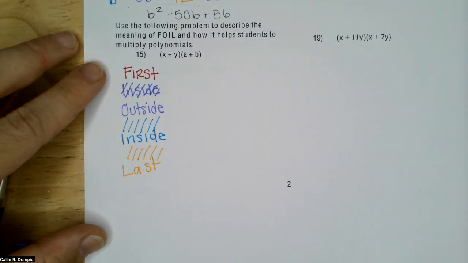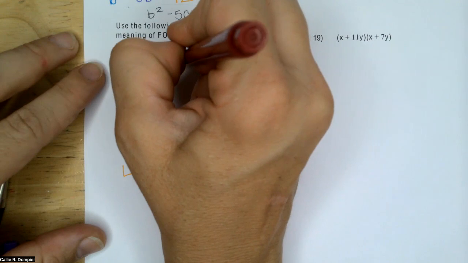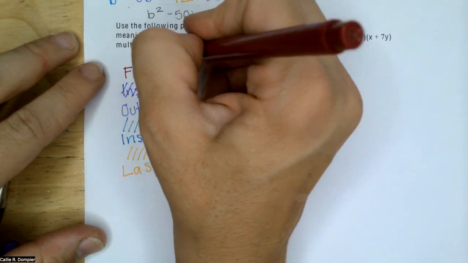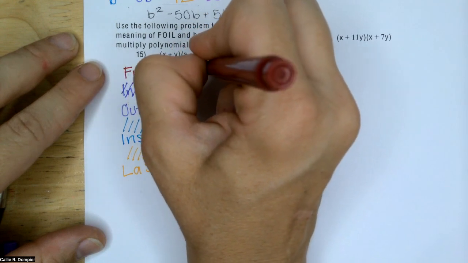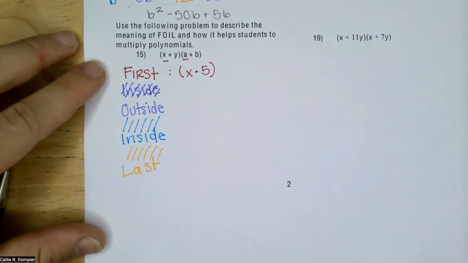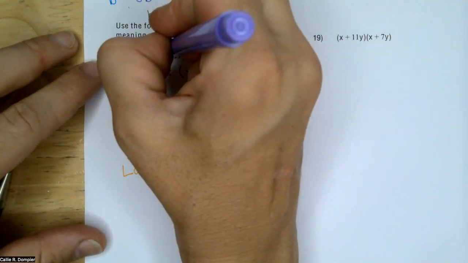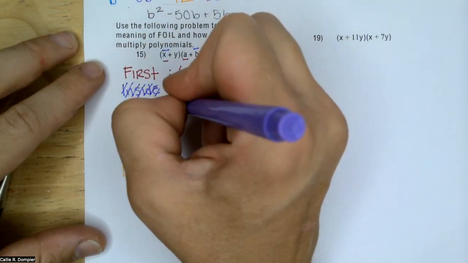So your first is going to be the first term of both your first binomial and your second binomial. X times A. Your outside is going to be the outsidemost of the entire thing.